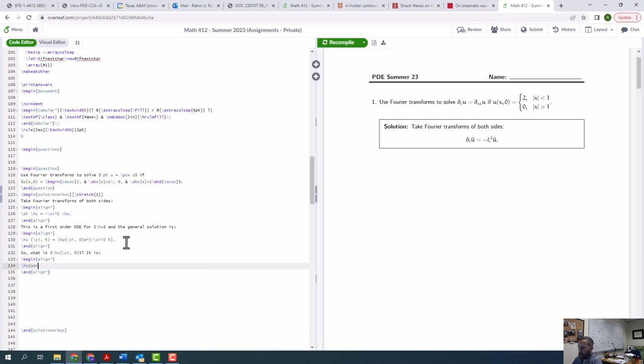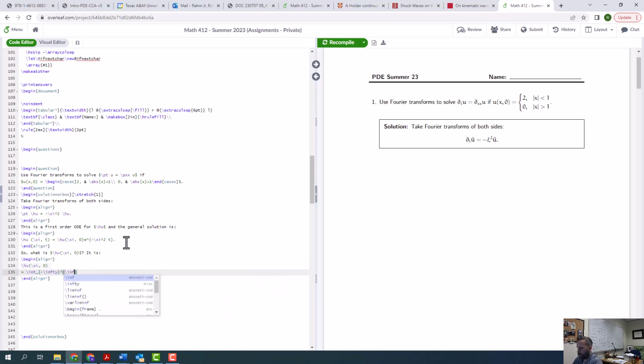So this is the integral from minus infinity to positive infinity, u of x, 0 times e to the minus i x c dx.